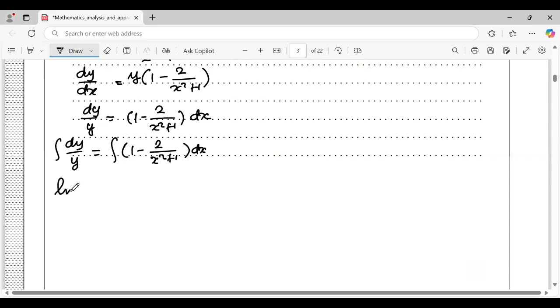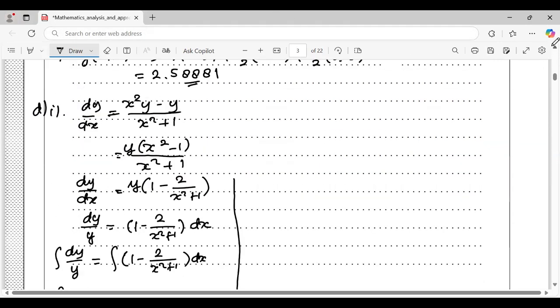This is ln y, and this one is x minus 2 arctan x plus c. I'm going to continue here. Okay. I need more space for this explanation.